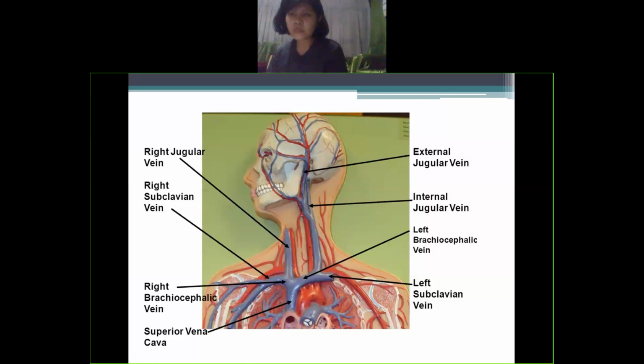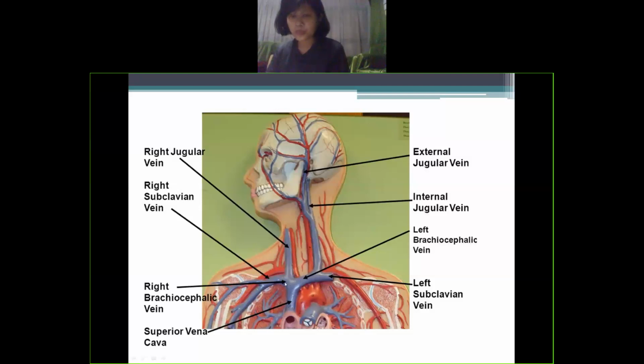They will come up together and they will form, yes, this one, the brachiocephalic vein. This is the brachiocephalic vein. This one, both sides, right and left side, brachiocephalic vein.